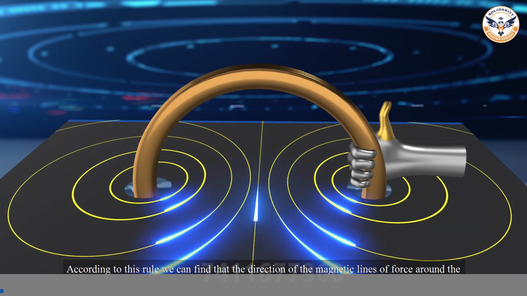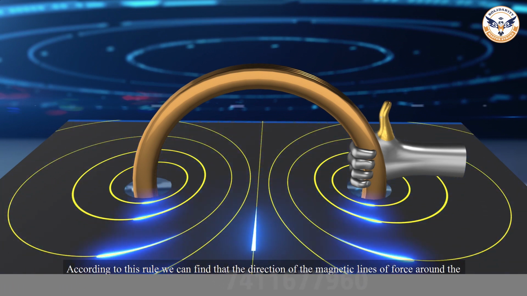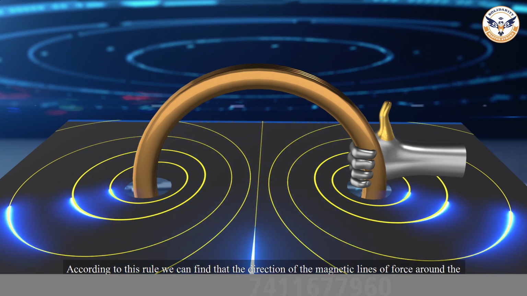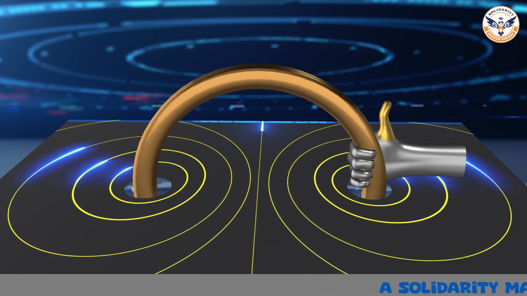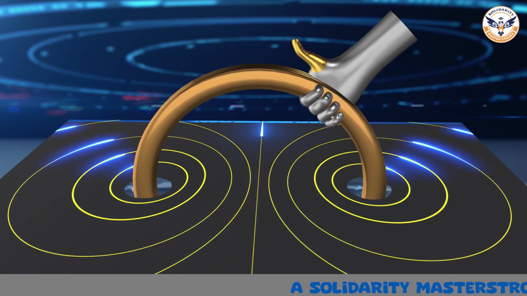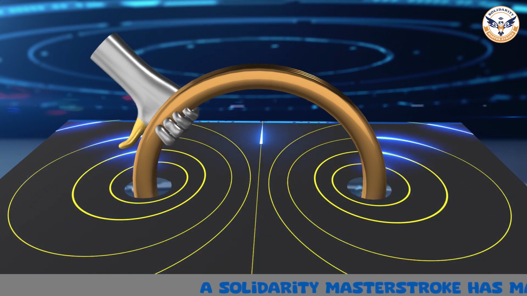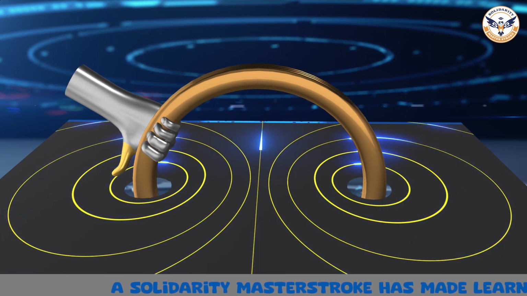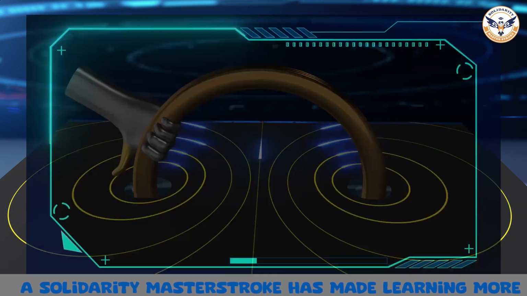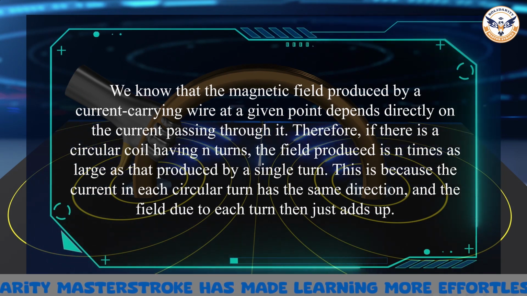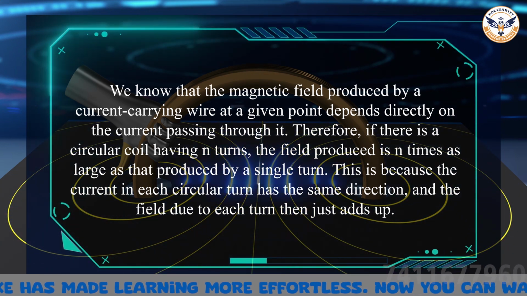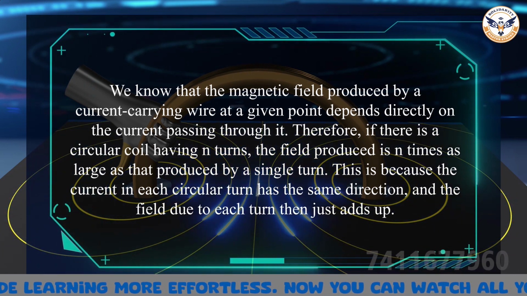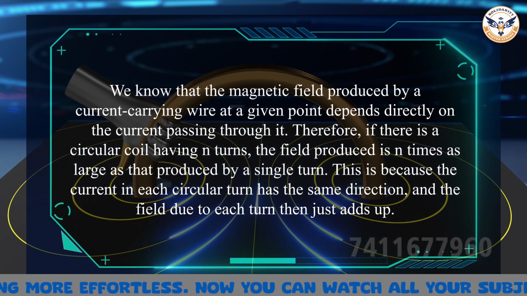According to this rule, we can find that the direction of the magnetic lines of force around the arm of the conductor with upward flow of current is anti-clockwise, while that around the arm of the conductor with downward flow of current is clockwise. We know that the magnetic field produced by a current-carrying wire at a given point depends directly on the current passing through it.